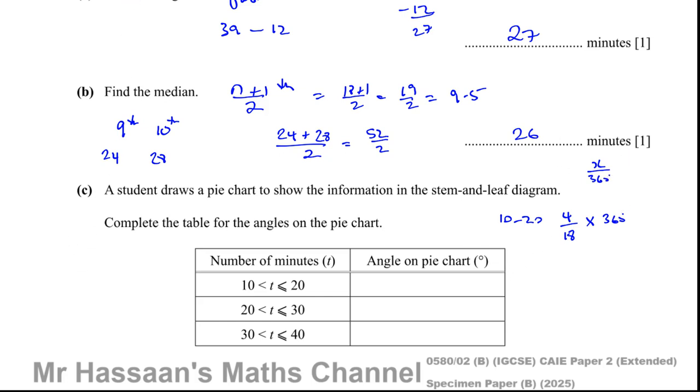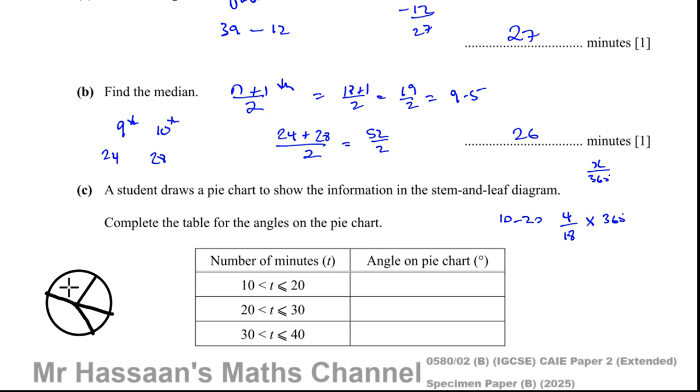Remember, a pie chart is basically a circular shape, a circle, and the sections of the pie chart represent each of these.